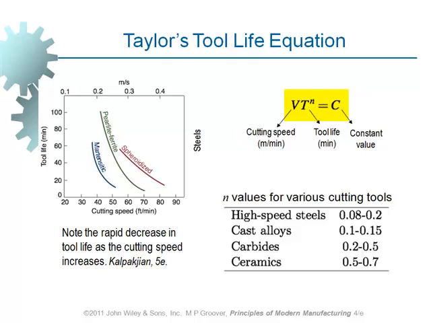This is a very well-known equation in machining, referred to as Taylor's tool life equation, defining a relationship between cutting speed V, T, which is tool life, and in the equation we've got N, which is tool life exponent, and C, which is the constant value. The value of N depends on the quality of the workpiece, of the cutting tool material.